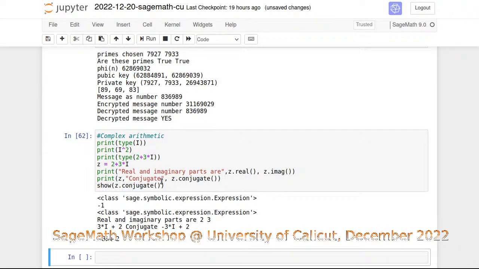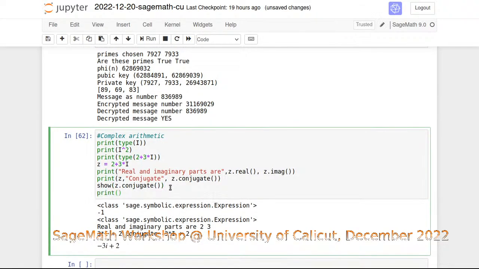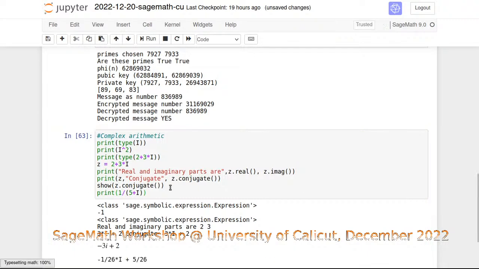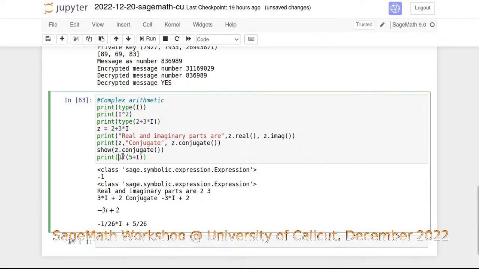Therefore, even though the representation we are trying to give is a plus bi, Sage is returning it as bi plus a as the expression. And it can perform addition, multiplication, etc., all in the usual way. 1 by 5 plus I. Inverse.